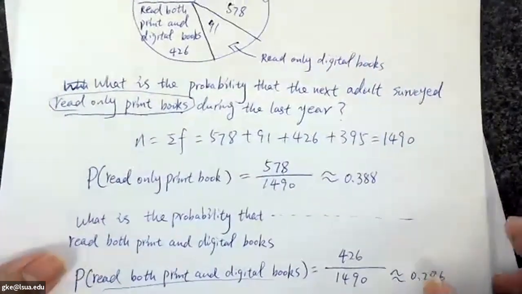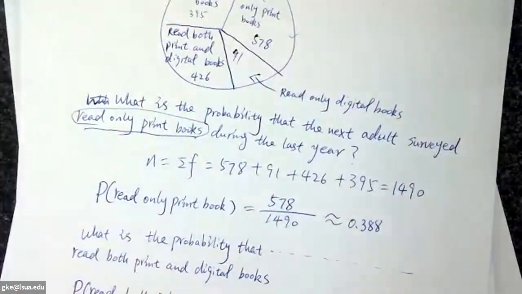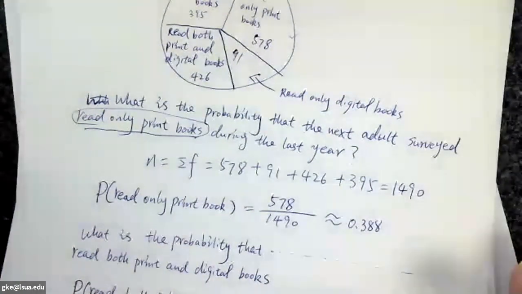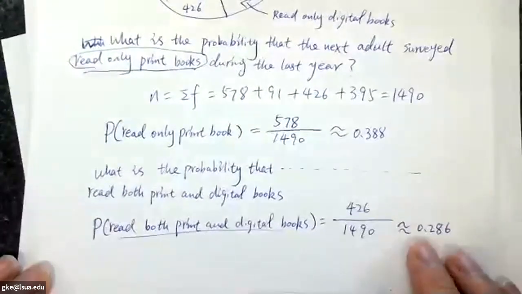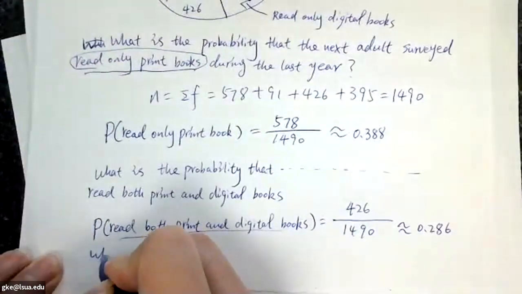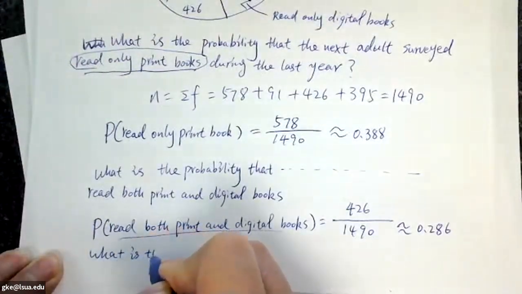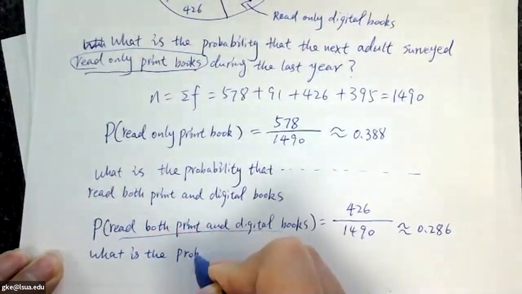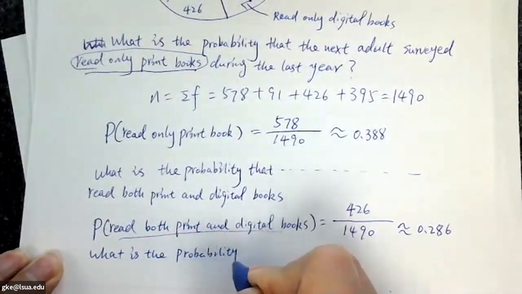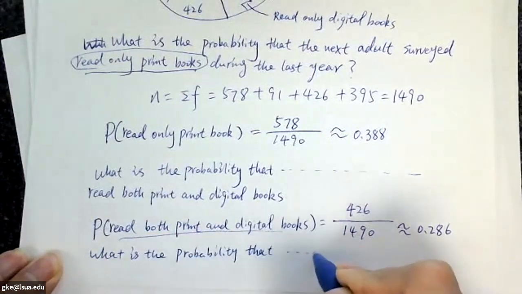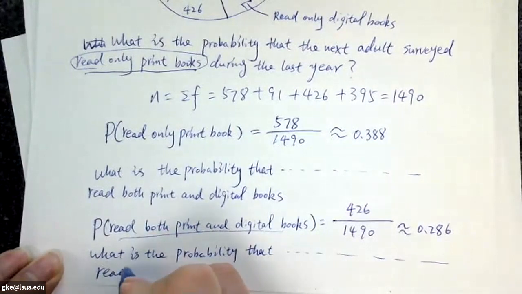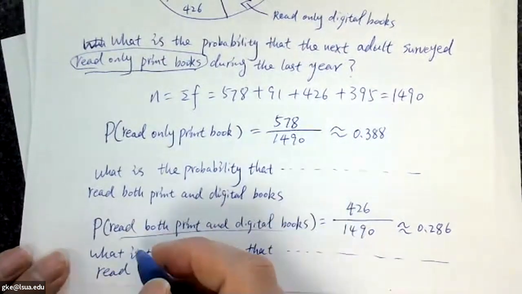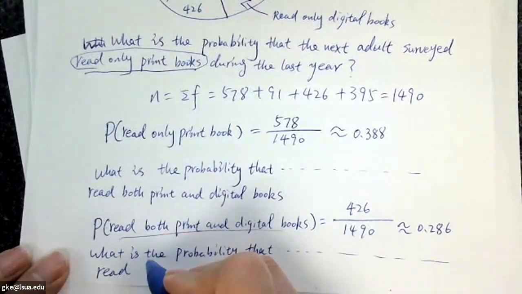Okay, so let's continue. I'm gonna give you guys another example. Another question: what is the probability that the next adult surveyed read digital books?